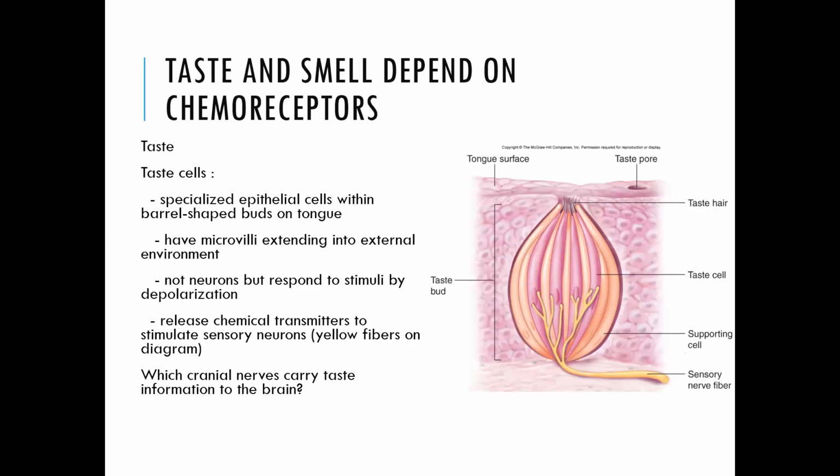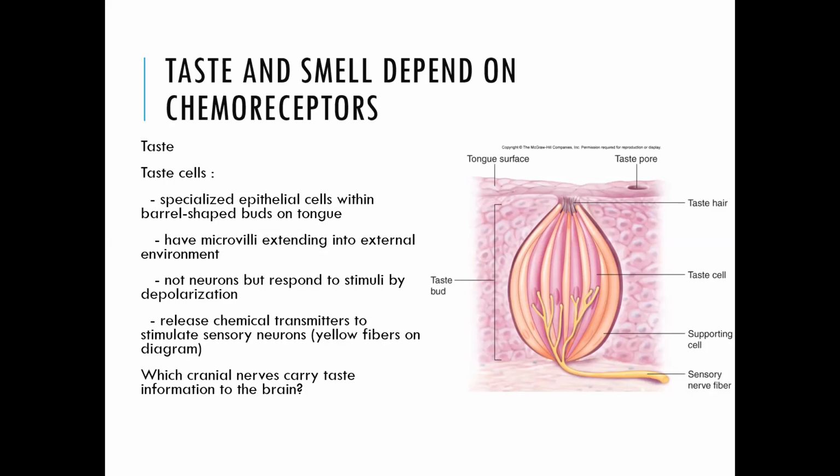Taste cells are specialized epithelial cells that are found in barrel-shaped buds on the tongue. So you can see that barrel-shaped taste bud there, identified in your diagram to the right. They have microvilli which extend into the external environment. So you're seeing here your microvilli extending out of the bud as taste hairs. They are not neurons, but they respond to the stimuli by generating depolarization, similar to how our neurons act.